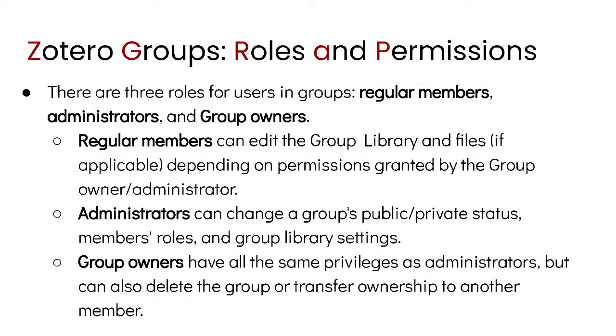Lastly, the roles and permissions within each group. There are three different user categories in the context of groups: regular members, administrators, and the group's owners. Regular members can edit the group library and the files therein if file uploading is allowed, depending on the permissions granted by the group owner and admin.